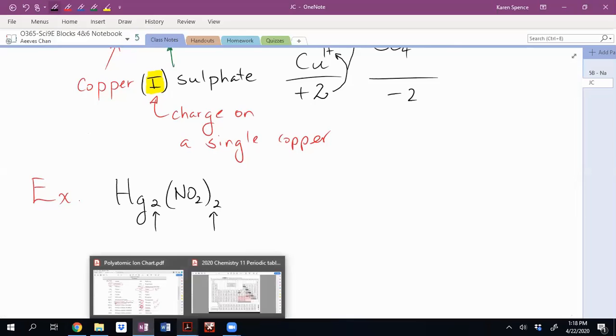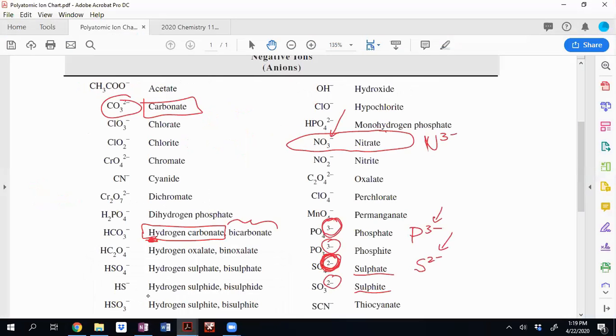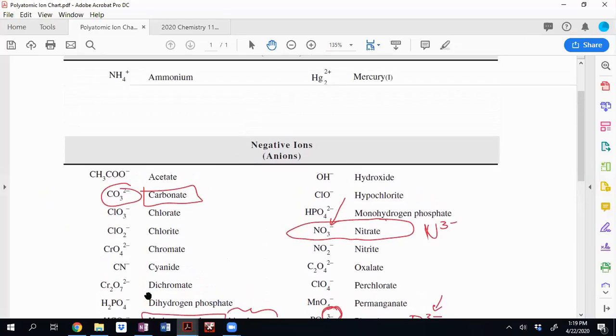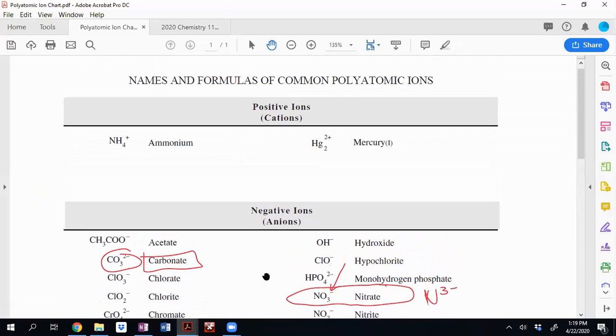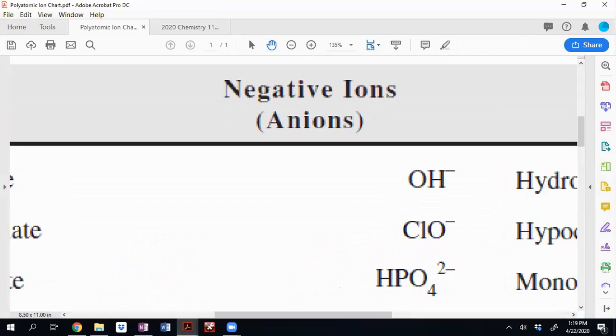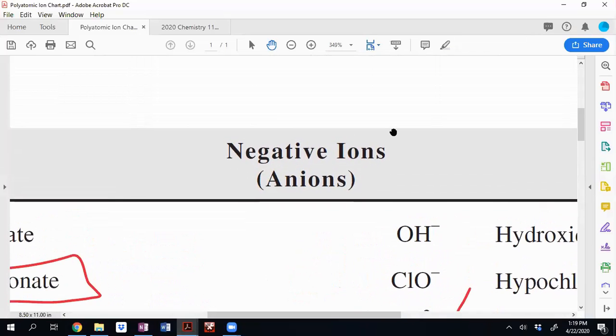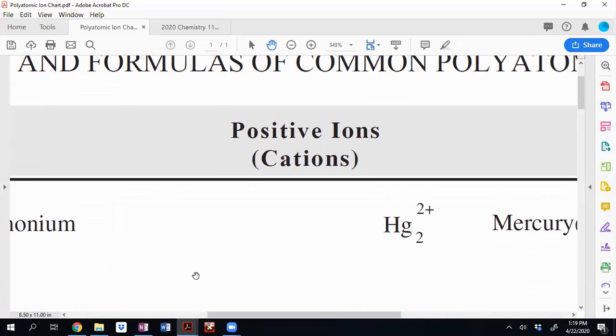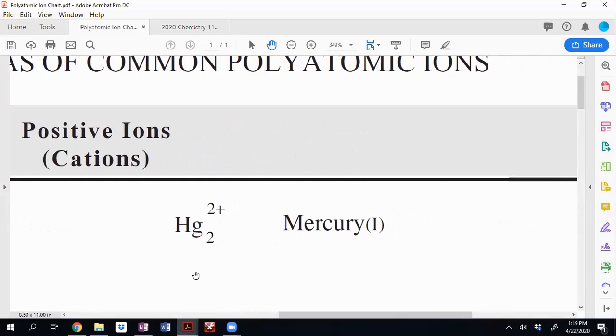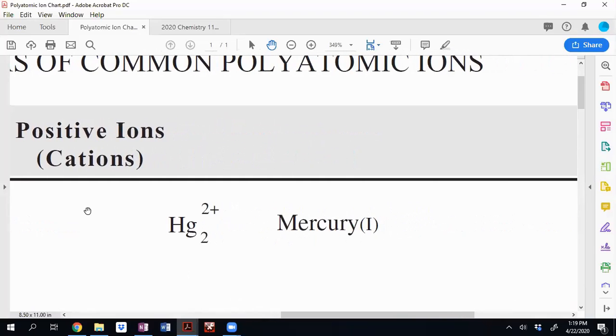Hg is mercury. And if we go to our polyatomic ion chart and we go to our positive polyatomic ions, come here, Mercury. There you are. Mercury 1, there it is. There's our little weirdo. Okay, Mercury is strange.